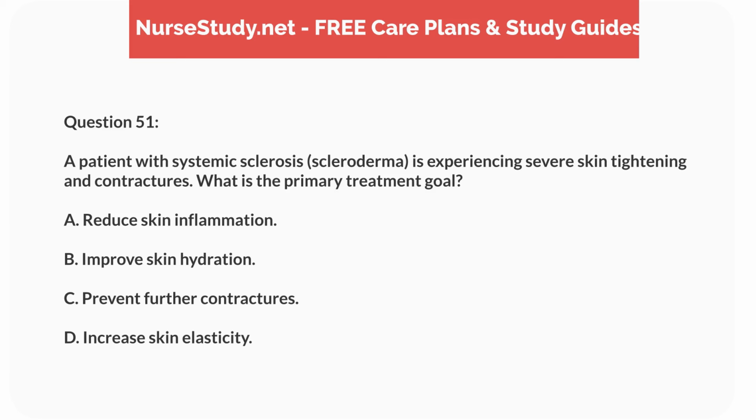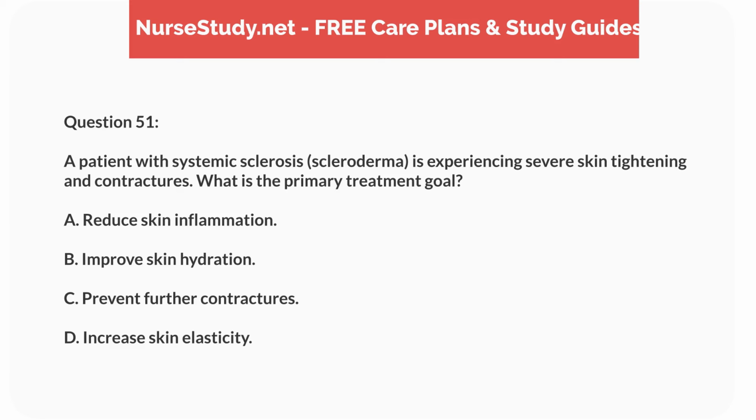Question 51. A patient with systemic sclerosis, scleroderma, is experiencing severe skin tightening and contractures. What is the primary treatment goal? A. Reduce skin inflammation. B. Improve skin hydration. C. Prevent further contractures.